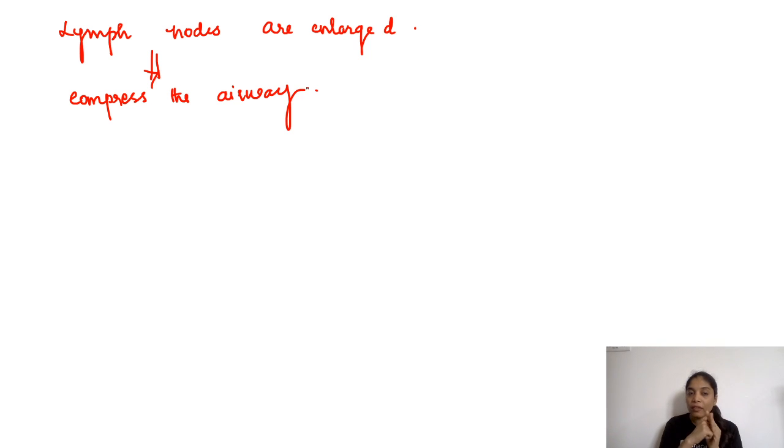When you compress the airway, there can be a ball valve effect. What will happen? There will be an incomplete obstruction of the airway, and this will lead to trapping of the air distal to the obstruction. The air is not able to go out.